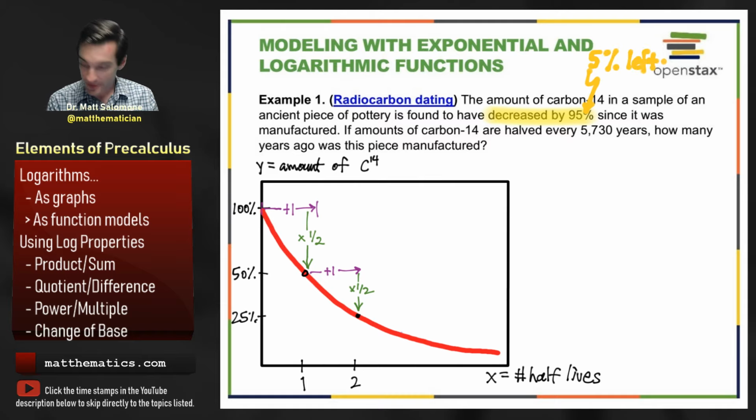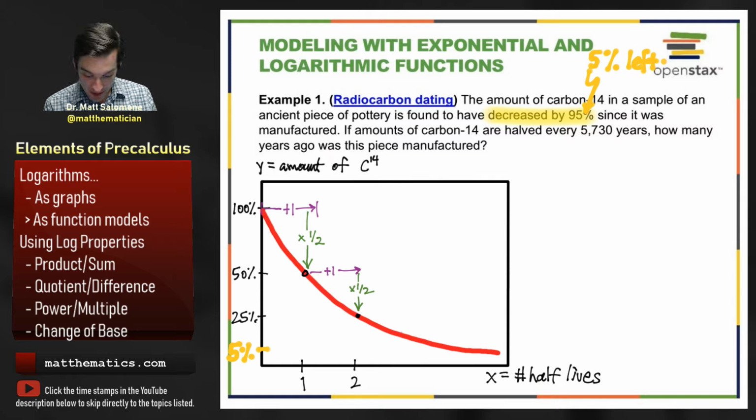5% is left, right? And so if 5% is left, then what we're really asking in this problem is how long does it take for the amount of carbon-14 left to decay down to 5%.